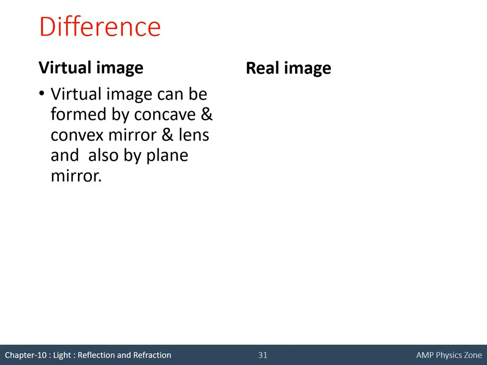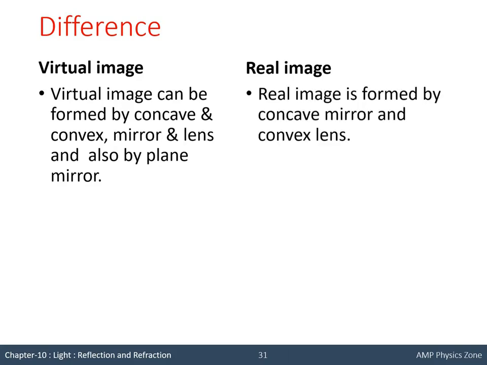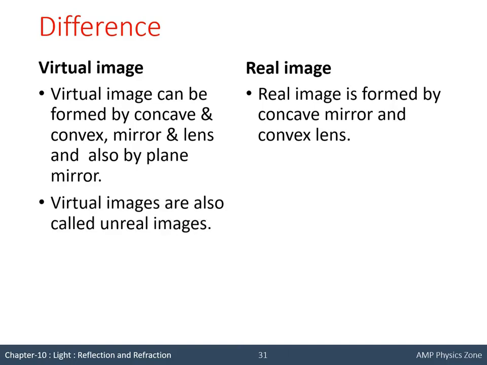A real image is formed by a concave mirror and convex lens. Real image, the name itself says it is real. A virtual image is just an illusion. So these are the differences between virtual and real image.